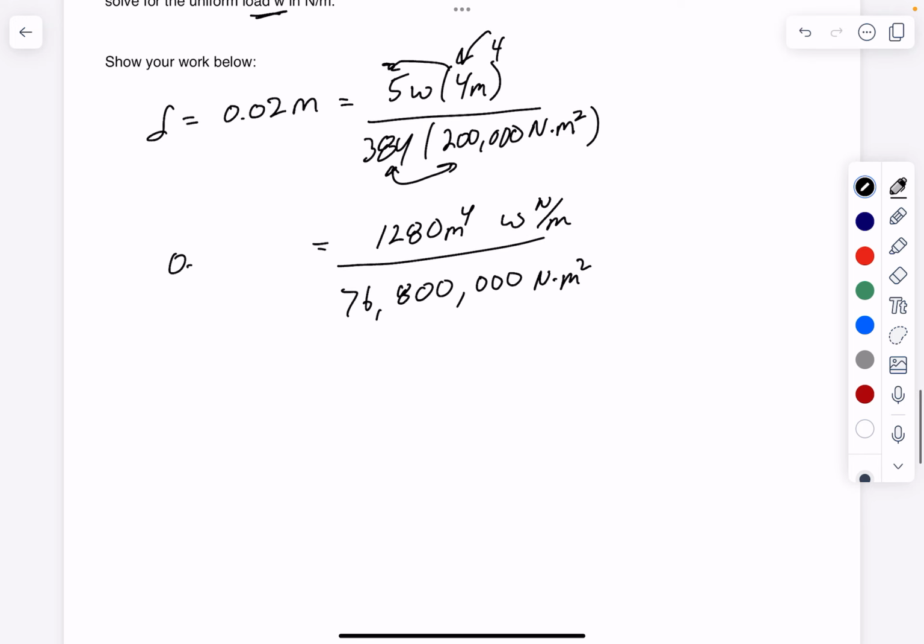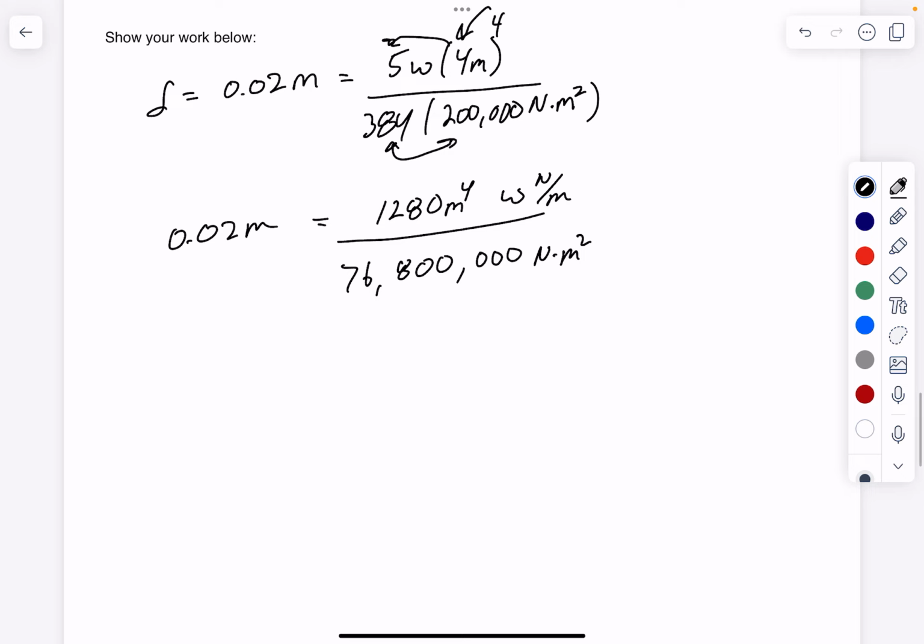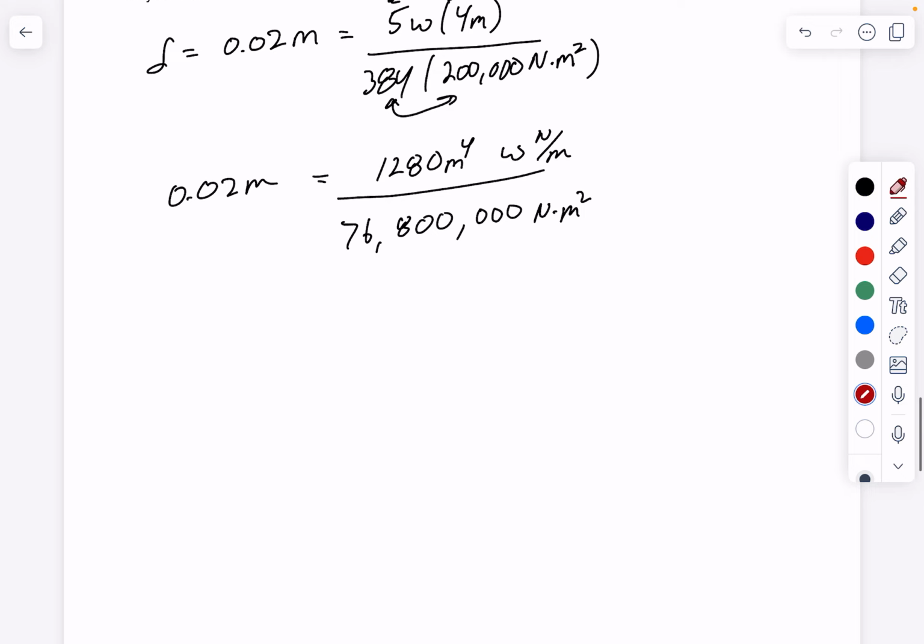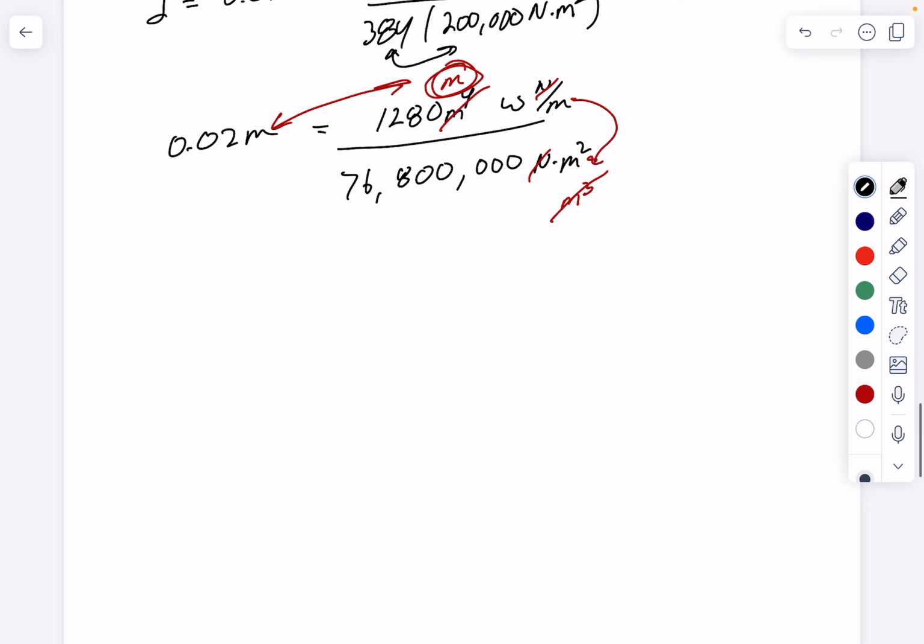Okay, and over here we have meters. So we could technically check our units to see if they're coming out correctly. So this one will actually drop down here, and we'll get a meters cubed here. And so then if we cancel here and here, we'll just have meters left up here, and then our newtons will cancel, so we just have meters, which is the same, which is good. So that means that this will work, it makes sense.